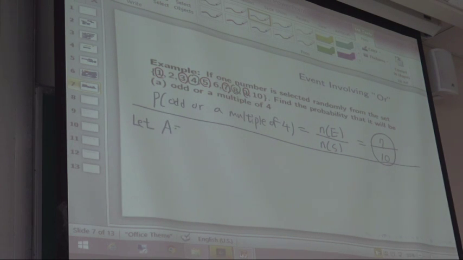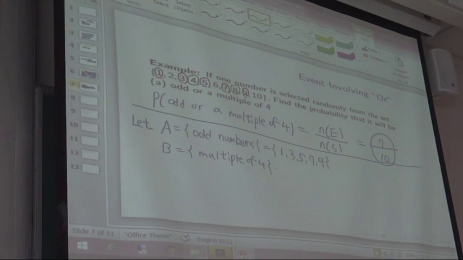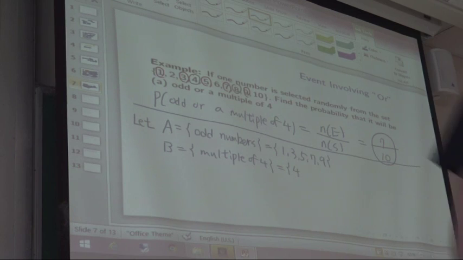Let A be the set for the odd numbers, and we know that this is 1, 3, 5, 7, 9. Now let B be the multiples of 4, which is 4 and 8.